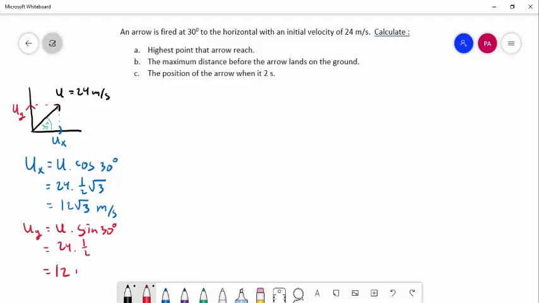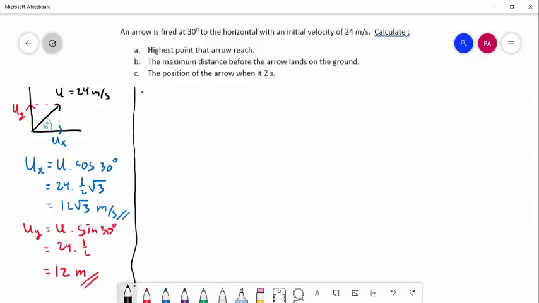So the y component is 12 meters per second and the x component is 12 square root of 3. And then we can answer question A.